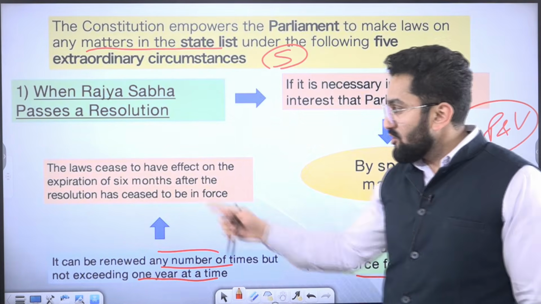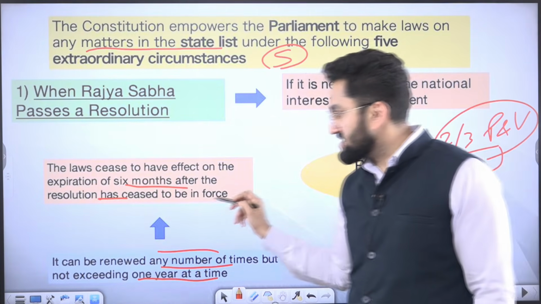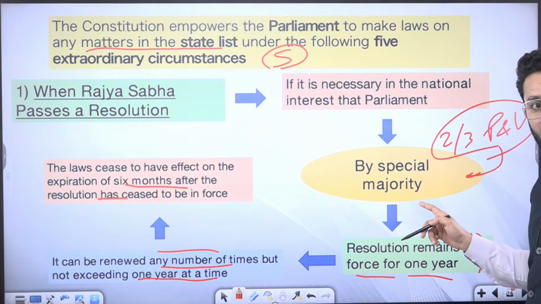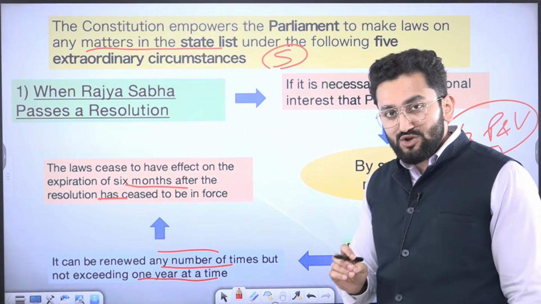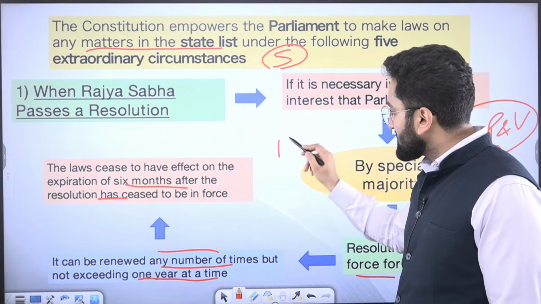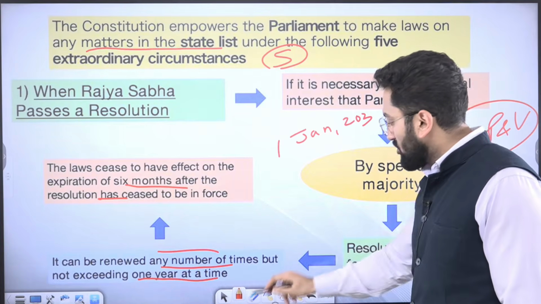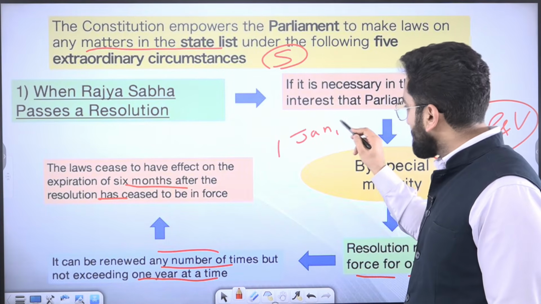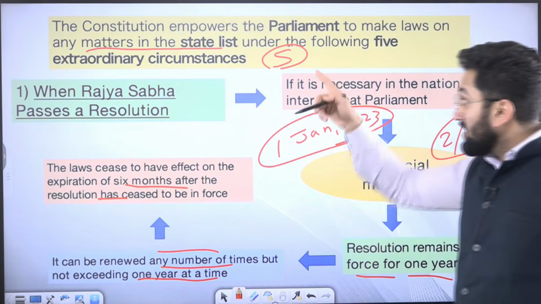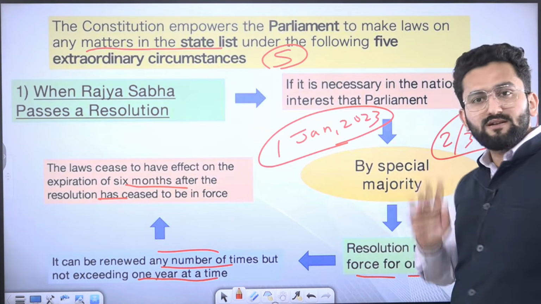Okay. Now, laws cease to have effect on expiration of 6 months after the resolution has ceased to be in force. Which resolution are we talking about? This resolution. Because consider this resolution was extended for 1 year, and the 1 year ends on say 1 January 2023. Now, Parliament has a choice whether to extend this resolution, but they have not extended it.